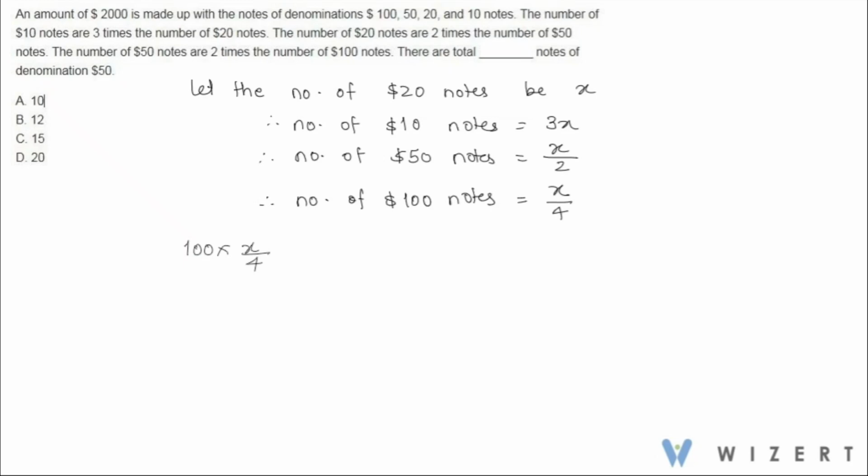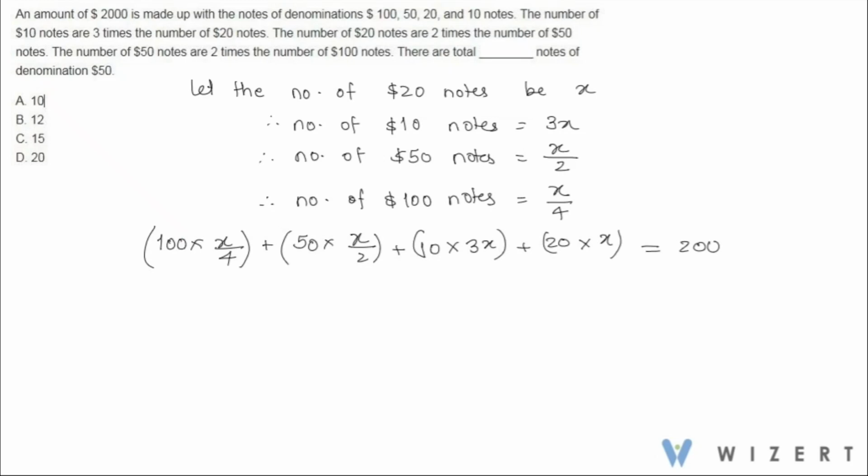So this will be the amount made by $100 notes, plus 50 into x by 2, plus 10 into 3x, plus 20 into x. All of these amount to $2,000.